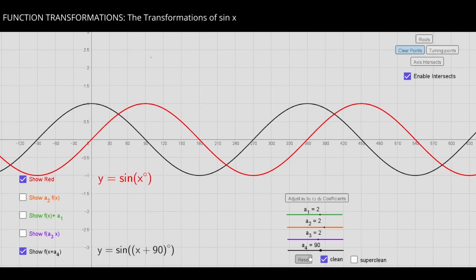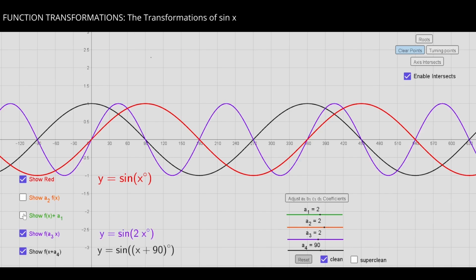So that's probably one of the biggest elephant traps in the whole of GCSE, in that if you add something to x and then take the sine of it, the curve moves to the left. I think on first sight again, you'd expect that curve to move to the right, but in fact it doesn't.